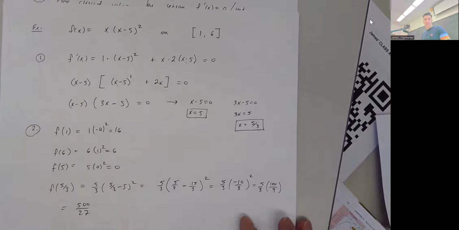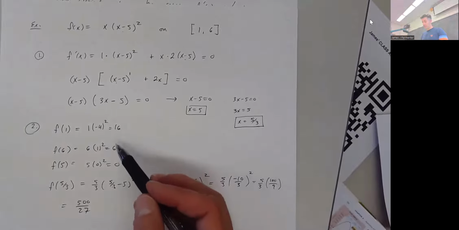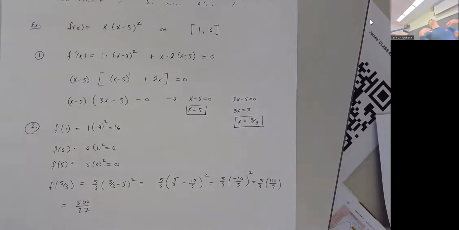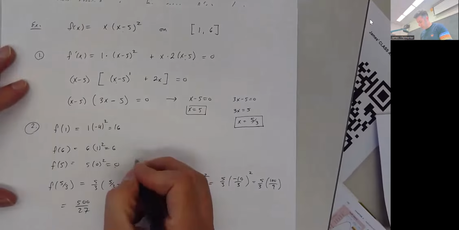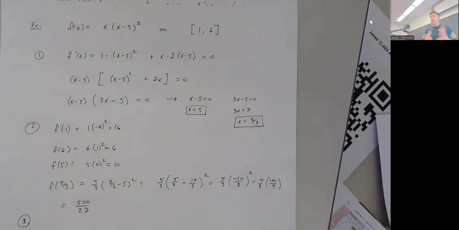All right. Which of these is obviously the smallest? 16, 6, 0, or 500 over 27? 0, right? You don't have to whisper. You can say it loud. Everybody say it. Thank you so much. So there are a lot of ways to phrase your answer here.